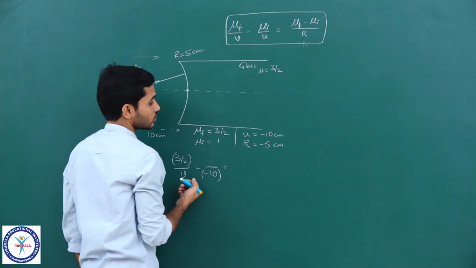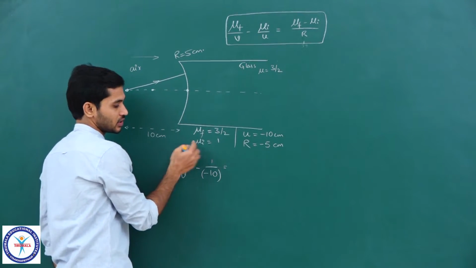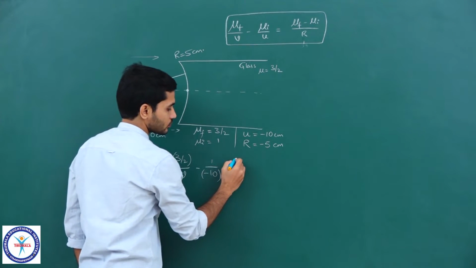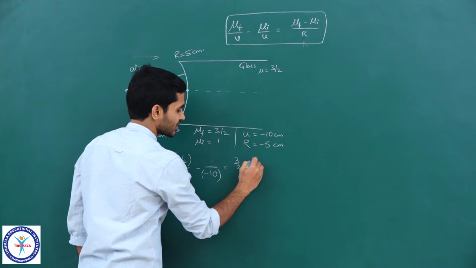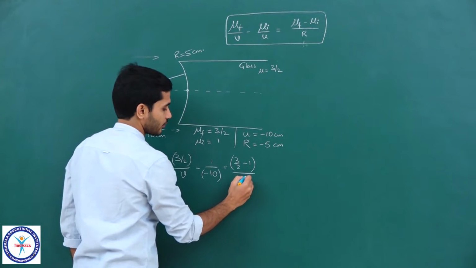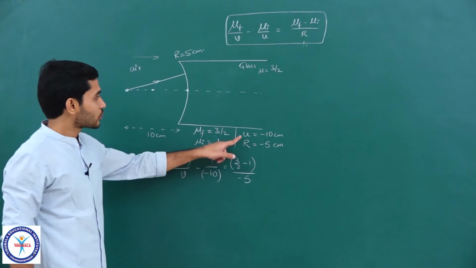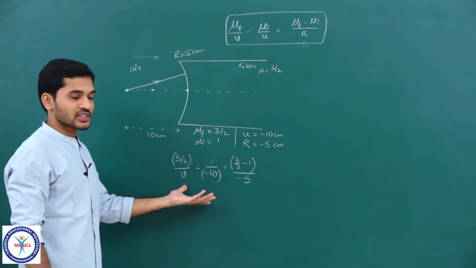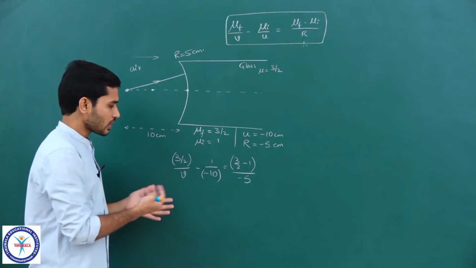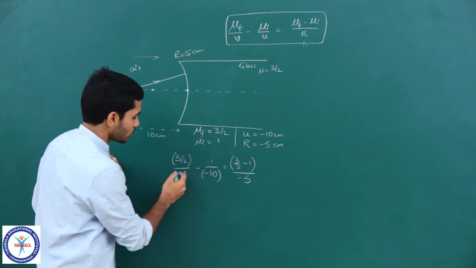So, this should be equal to mu final minus mu initial, 3 by 2 minus 1, divided by R, which is minus 5. So, that is it. If you are able to write these values correctly by looking at the diagram, the rest is just simplification. Nothing new. So, you can simplify this now. See what you are getting.